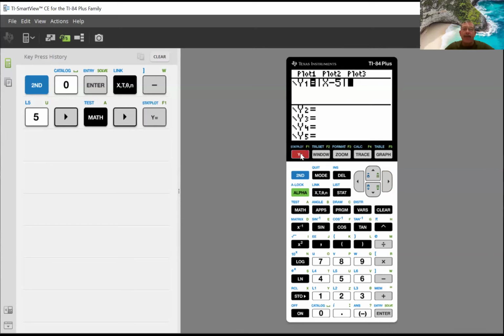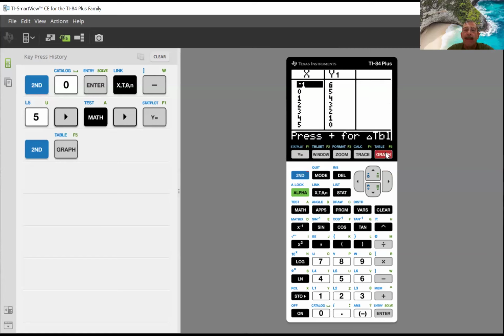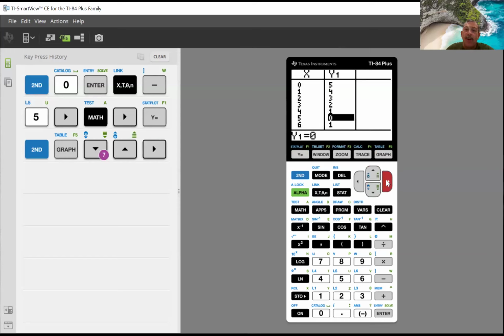All right, so let's go to the table. So hit second graph. Now, we'll say this: on this graph, if you're just using the calculator, the first point you have to plot has to have a y value of 0.